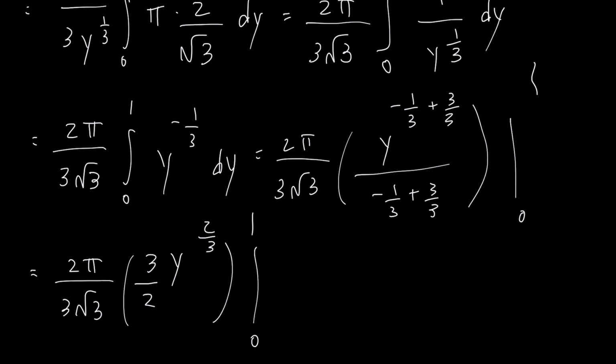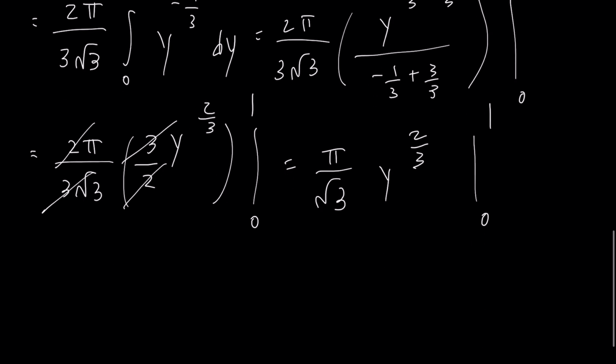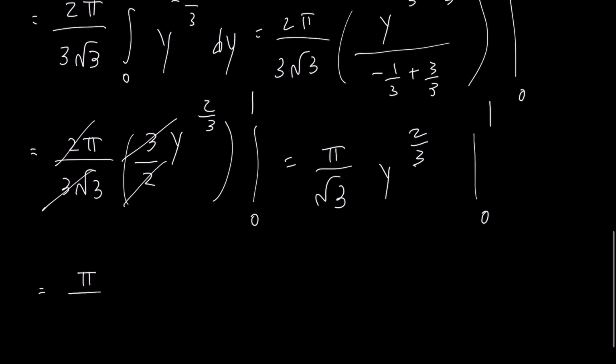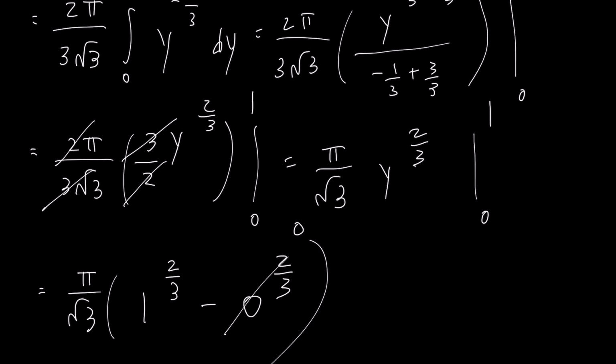And we see some nice cancellation. The 2's divide to 1, the 3's divide to 1. And we're left with pi over the square root of 3, y to the 2/3 from 0 to 1, which is equal to pi over the square root of 3, 1 to the 2/3 minus 0 to the 2/3. So this is clearly 0 and this is 1. So we're left with pi over the square root of 3.